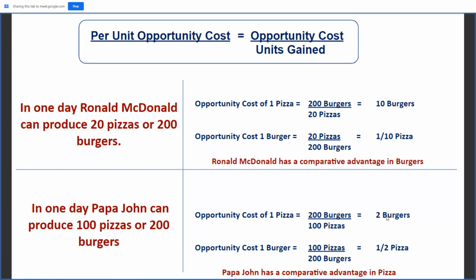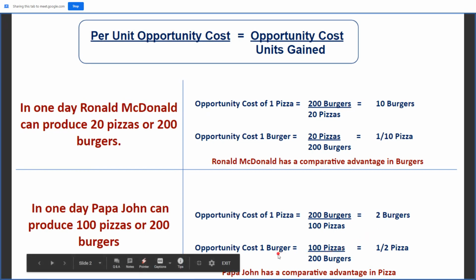Or the other way to say it is the opportunity cost of one pizza is 2 burgers. Then flip it to solve for burgers. The opportunity cost of a burger is pizza. Take your total number of pizzas and divide by your total number of burgers. Now we know the opportunity cost of one burger is half a pizza.